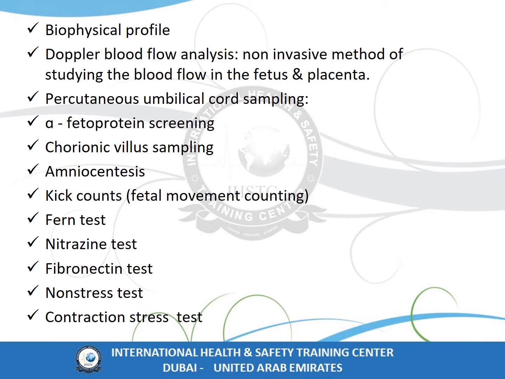Other tests are biophysical profile, Doppler blood flow analysis, percutaneous umbilical cord sampling, alpha-fetoprotein screening, chorionic villus sampling, amniocentesis, kick counts, Fern's test, nitrazine test, fibronectin test, non-stress test, and contraction stress test.